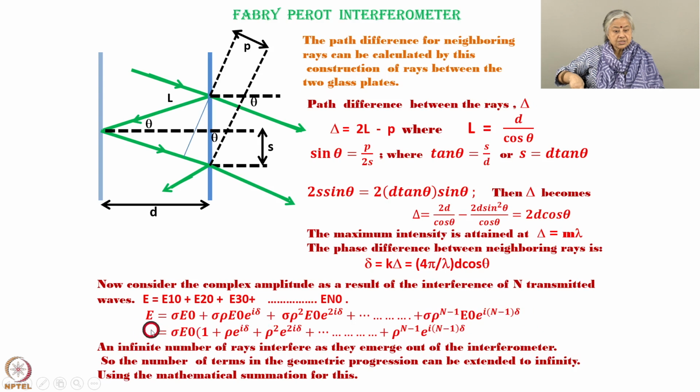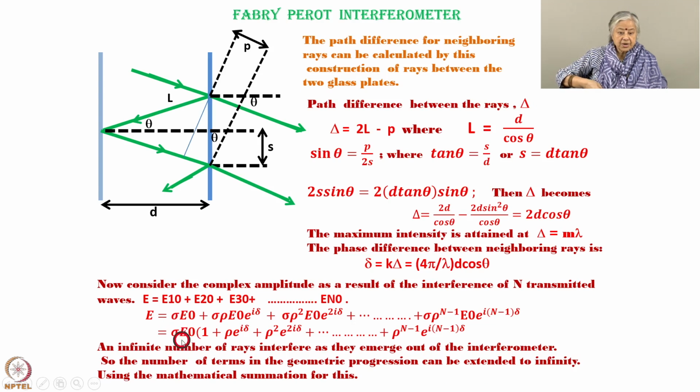Okay. So, this is my superposition of all those tiny waves together. I am using the word wave because I have not yet said anything about the intensity. Intensity we can always find out at the last step, because it is just the square or E star E, you have just got to do that. So, let us find E.